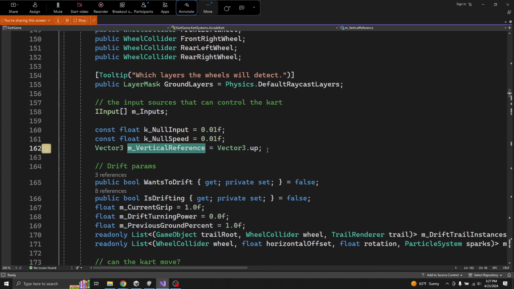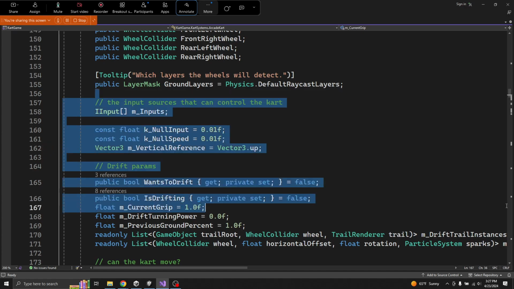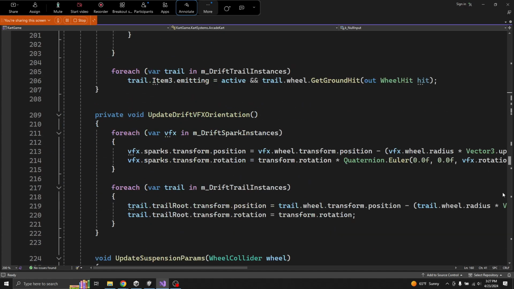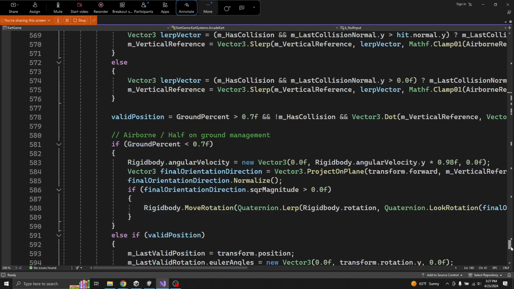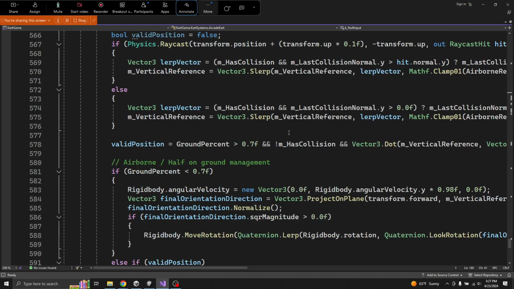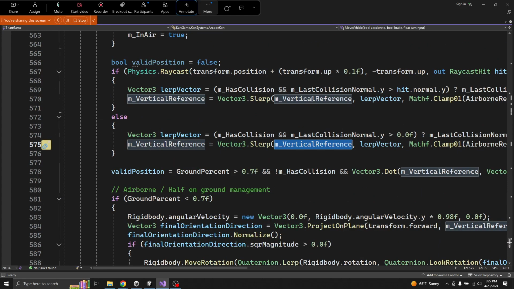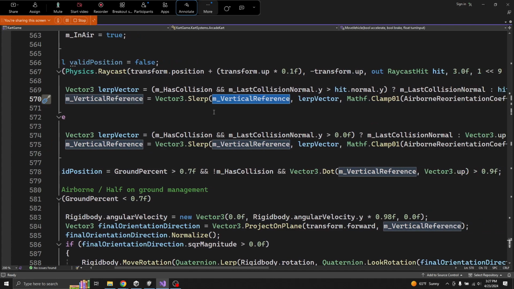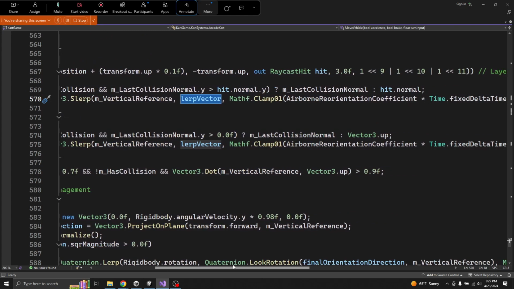It just defaults to vector3.up. So the first time we run through this it's vector3.up. And we're going to move toward whatever this lerp vector is that we just calculated, and how much are we going to move between the two.